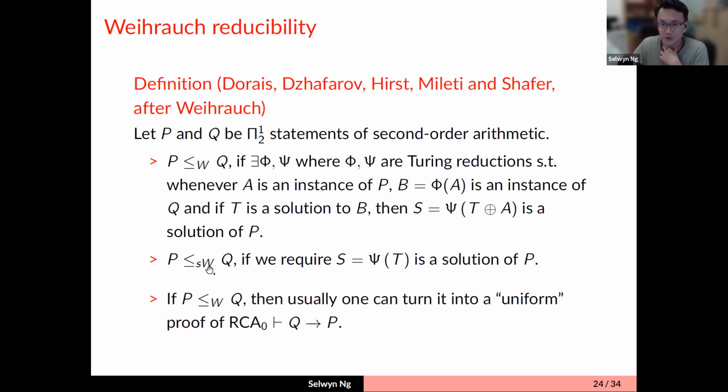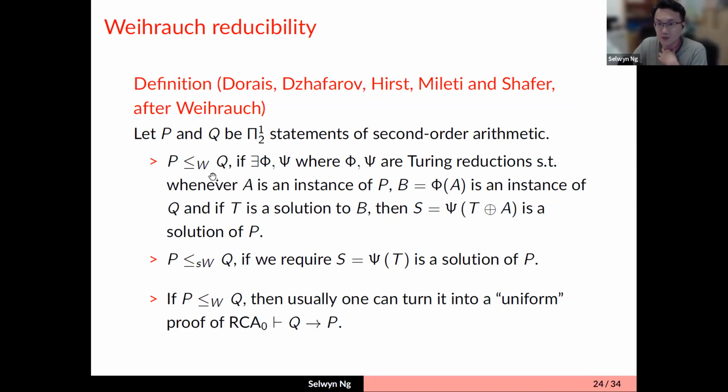strong Weihrauch reducibility. So if you have Pi^1_2 statements of second order arithmetic, we can think of the universal quantifier as the input or an instance of a problem, and then the existential as an instance of the solution. If we think of it this way, then the function or the partial multifunction that maps an instance of the problem to an instance of the solution can be cast in the framework of Weihrauch reducibility.